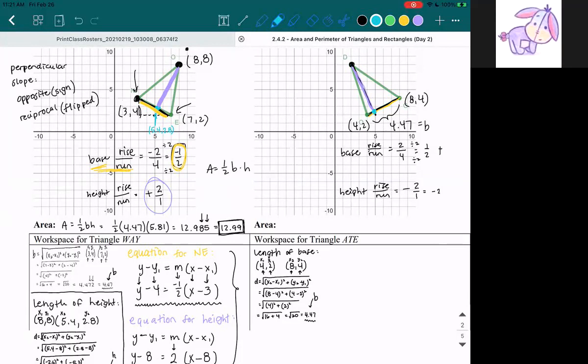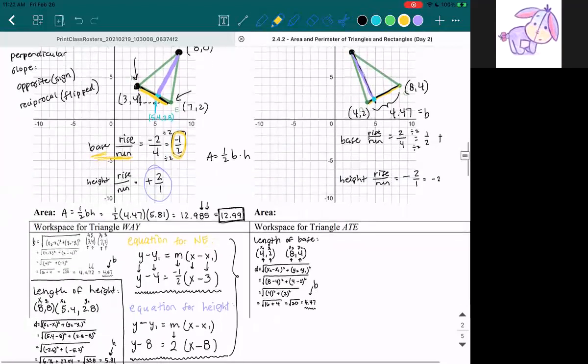Okay, so I know that sounds like a lot, but believe me, the book originally wanted you to not type it into Desmos and solve it by hand. I am not going to make you do that. I want you to just type it into Desmos so that you can get that blue point. Okay, what we do have to do though is write the equation for the base OG.